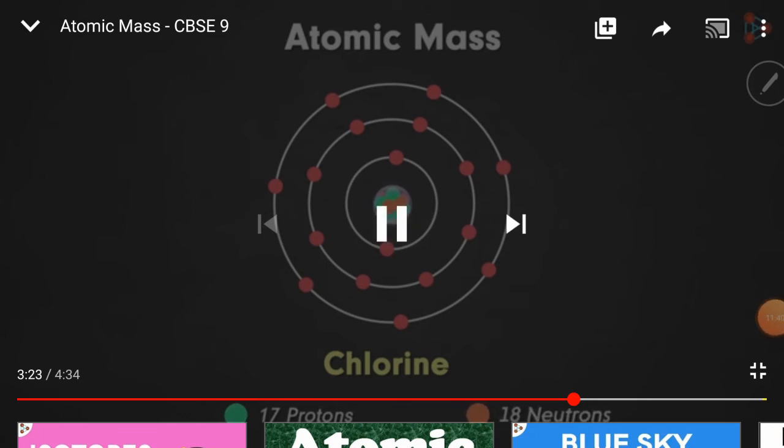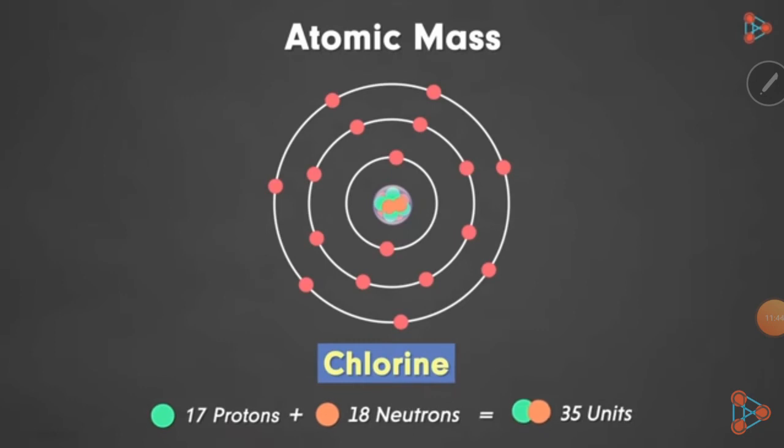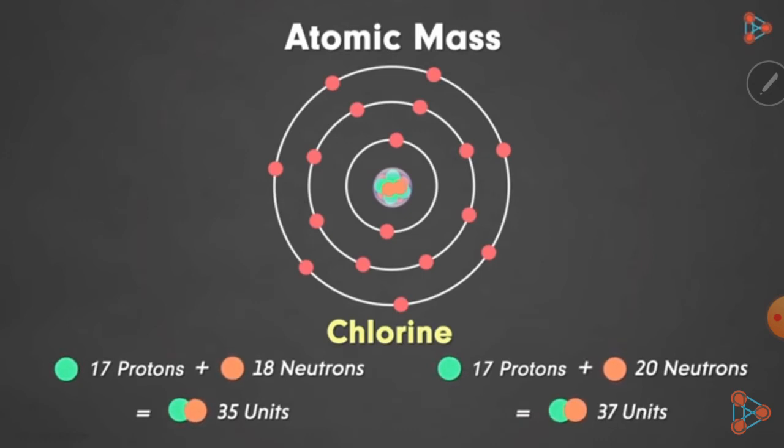But as we said about the chlorine, it has isotopes. We said the mass number of this chlorine here is 35 because it has 18 neutrons. But what about another isotope of the chlorine? It has 17 protons, 20 neutrons, you see?